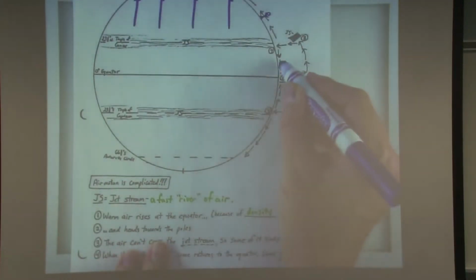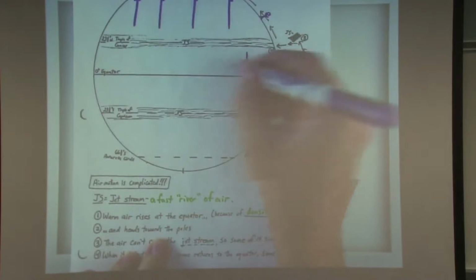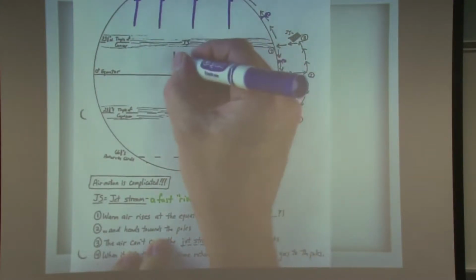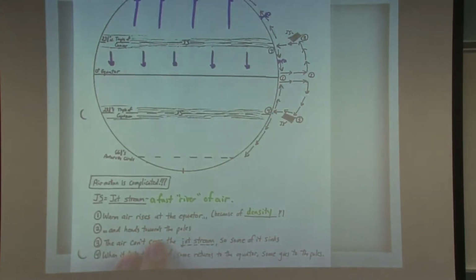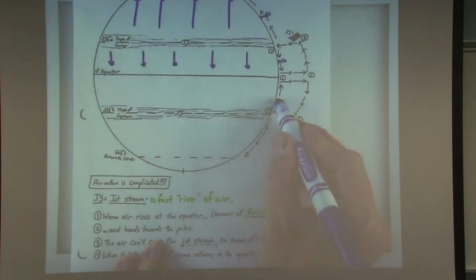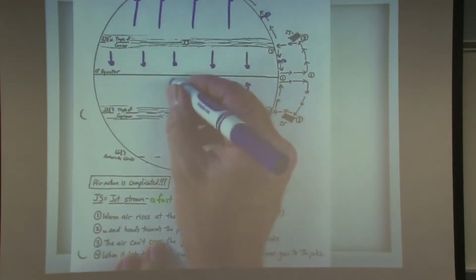If you were standing down here next to the equator, right here, all the air is still moving towards the equator. The same thing's happening south of the equator. Right here at the surface, our air is moving towards the equator.